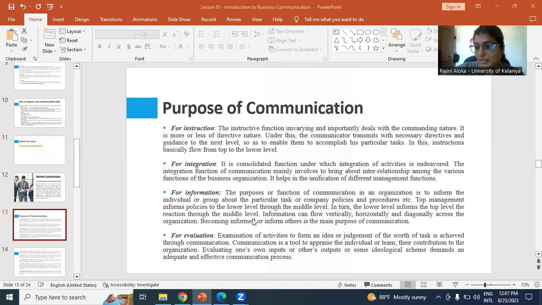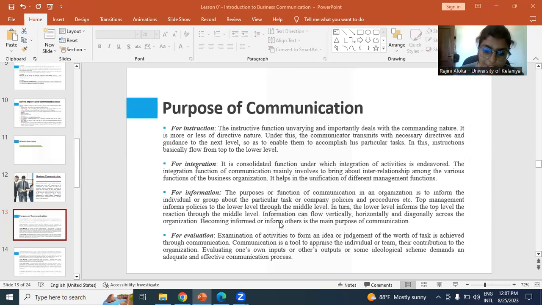This is the hierarchical setting in business settings mostly. Information can flow vertically, horizontally, and diagonally across the organization. Becoming informed or informing others is the main purpose of communication. So for information purposes, we have to communicate in a business setting.